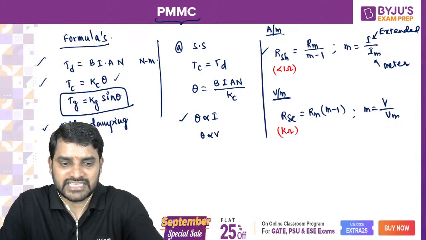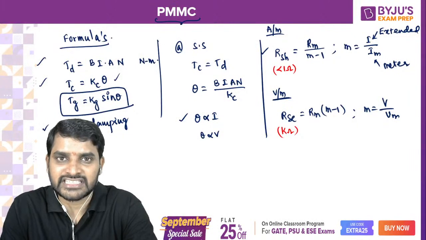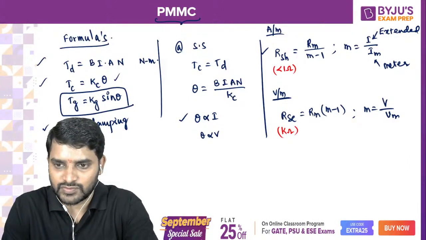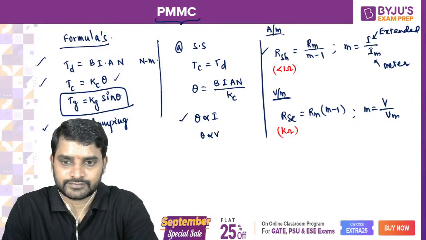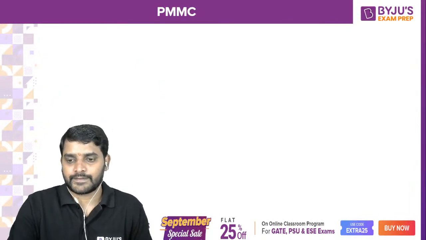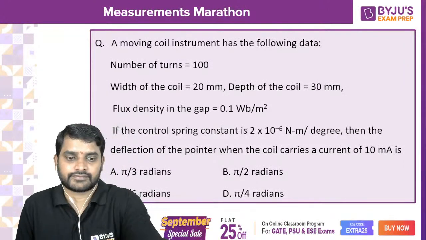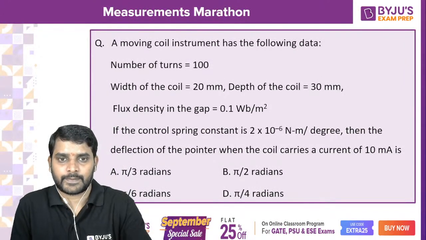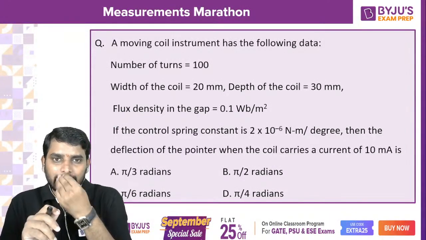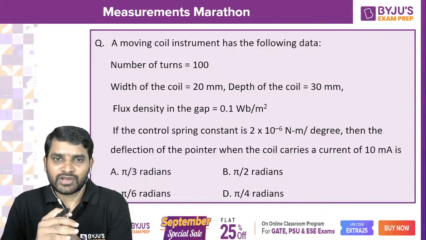Okay, so let's have a look at the questions based on the formula. Let's move on. So I have got a question here. A moving coil instrument has the following data.